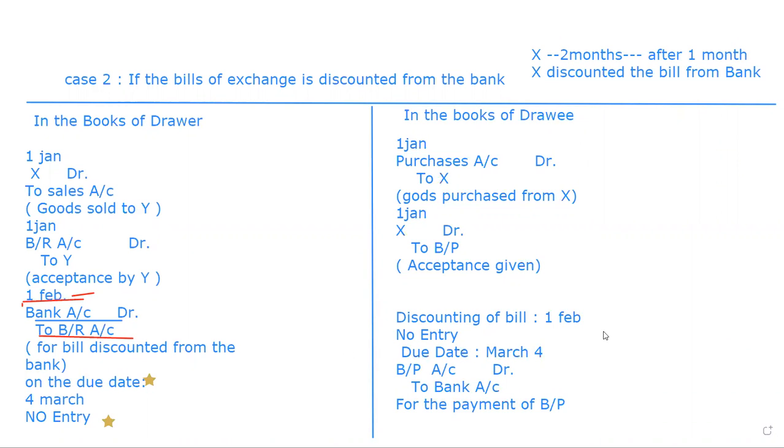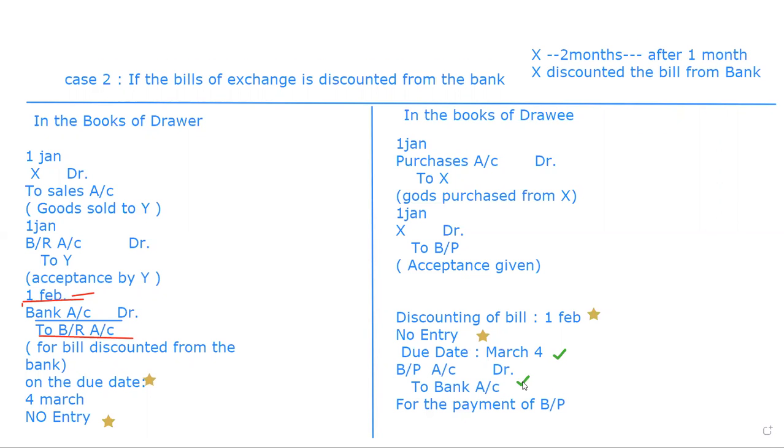But please mind it, here I'm marking a star that there will be no entry at the time of discounting of the bill, because at that time Y has no effect, because Y has to pay the money at the time decided between X and Y. So Y will make the entry on the due date, that will be 4th March.